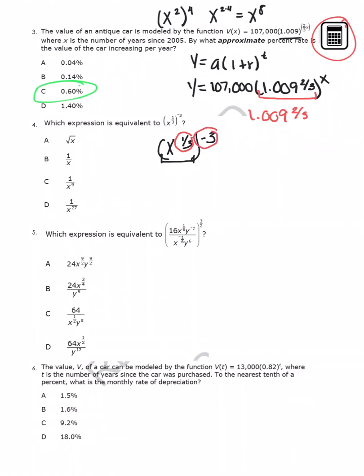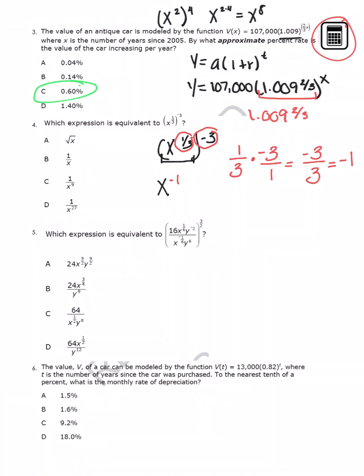So we do 1/3 times -3. Let me break out here and show that. 1/3 times -3, let's put that over 1. We would get -3 over 3, which is equal to -1. So our exponent then would be -1, so x raised to the -1st power.